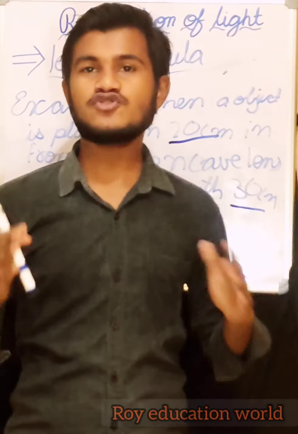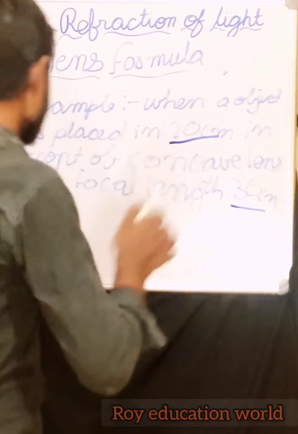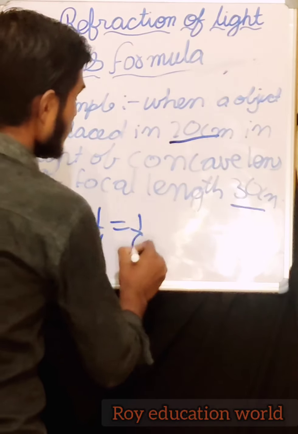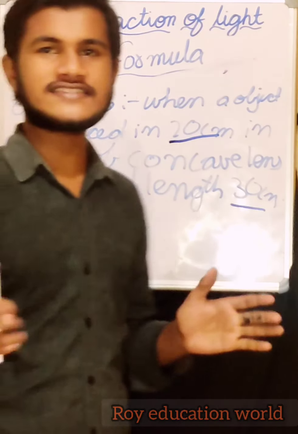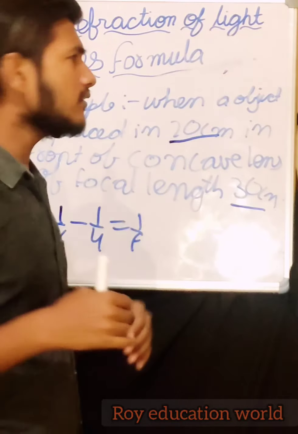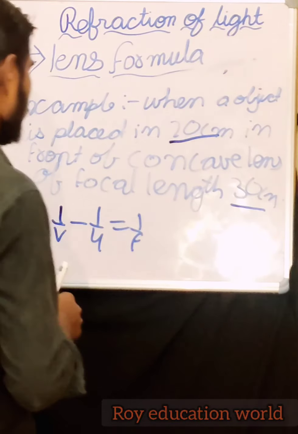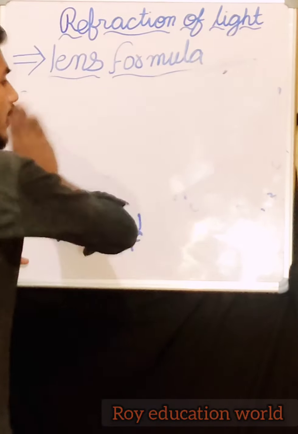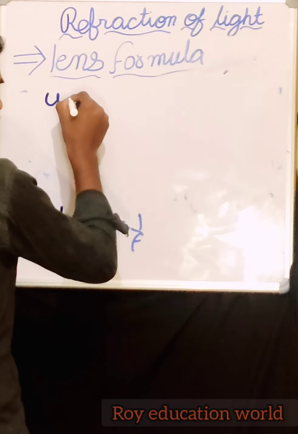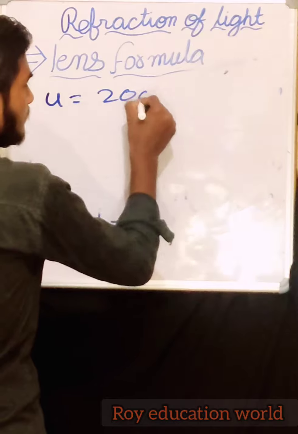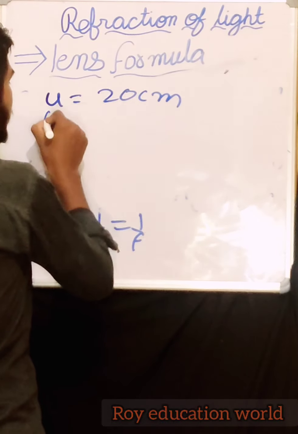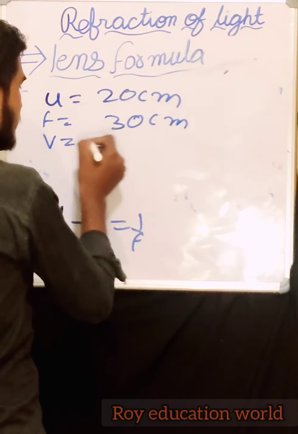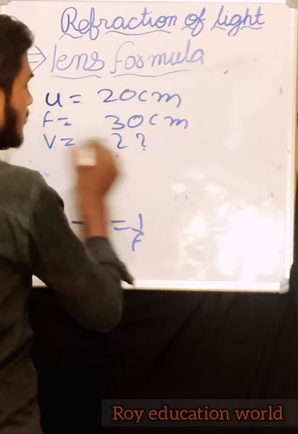We know that in the case of a lens, the relation is 1 by v minus 1 by u equals 1 by f. We know this very well. So how do we have to solve? U is given as 20 centimeter and f is 30 centimeter, and we do not know the v.